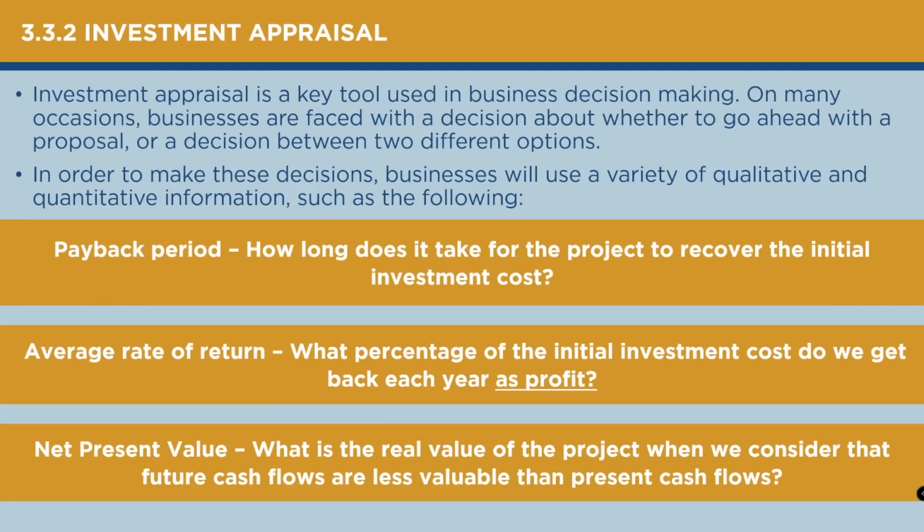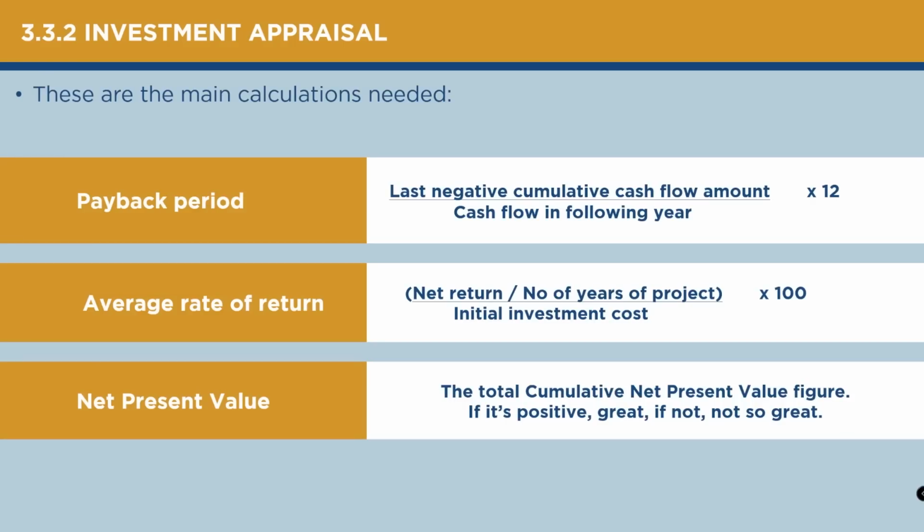Whereas if you don't take the money until 3 years' time, you're still going to get £1,000 in cash, but you'll have lost out on the opportunity to have done something with it. So a business saying that they're going to make £500,000 in cash inflow in 3 years' time is not the same as them having £500,000 now, because they can't do anything with it when they're not going to get it for 3 years. So those are the theories behind the three topics.